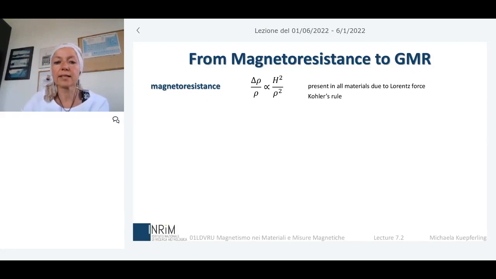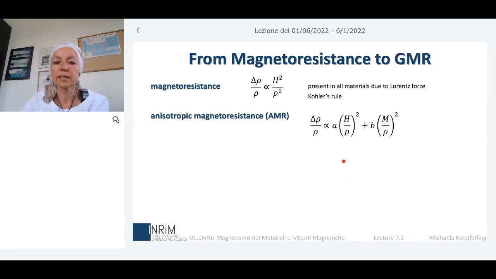So the classical magnetoresistance effect happens in all metallic materials, of course, and it's simply caused by the Lorentz force. In magnetic materials, instead, we have the same effect, but it becomes the anisotropic magnetoresistance due to the fact that we have magnetization in the material.